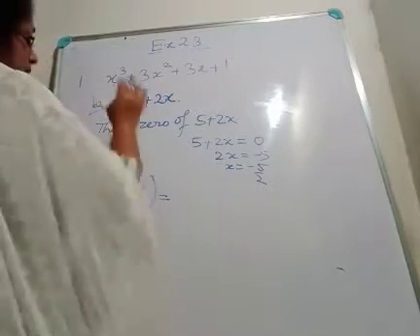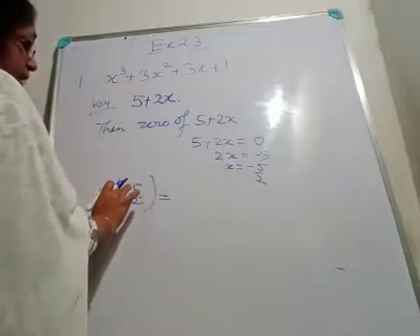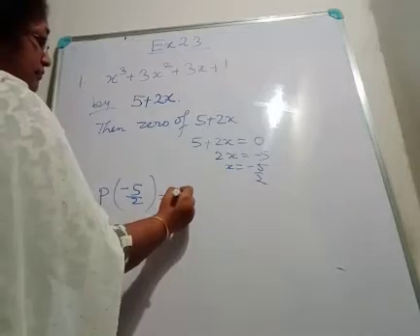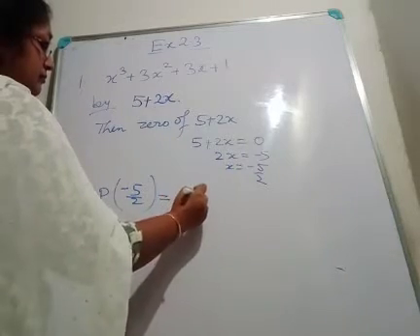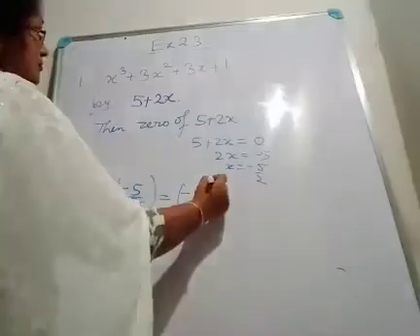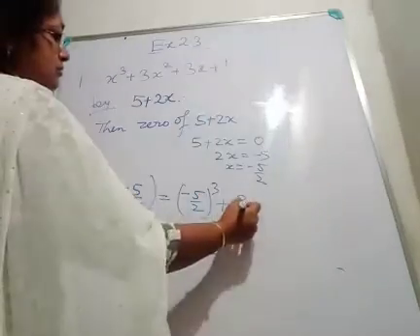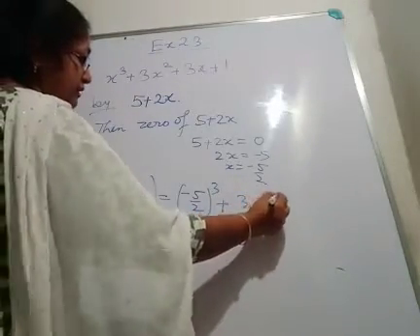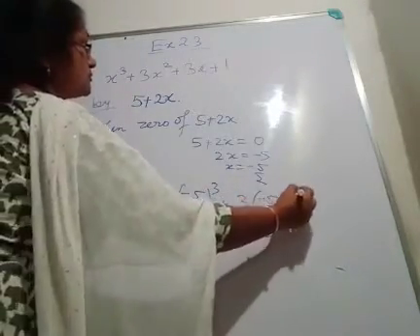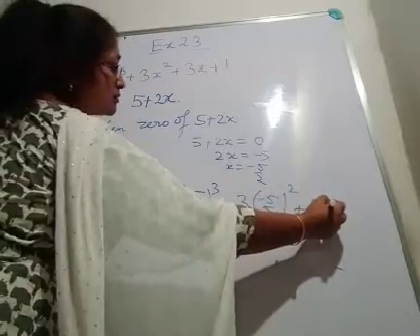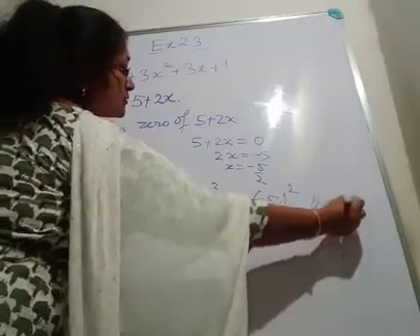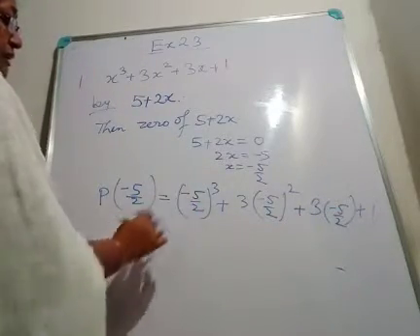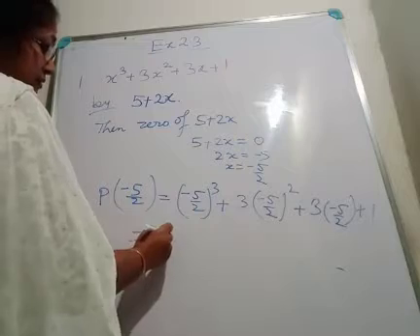If I put minus 5 by 2 in place of x, what will I get? 3, put minus 5 by 2 in place of x. So if I multiply 5 three times, it will become minus 5.